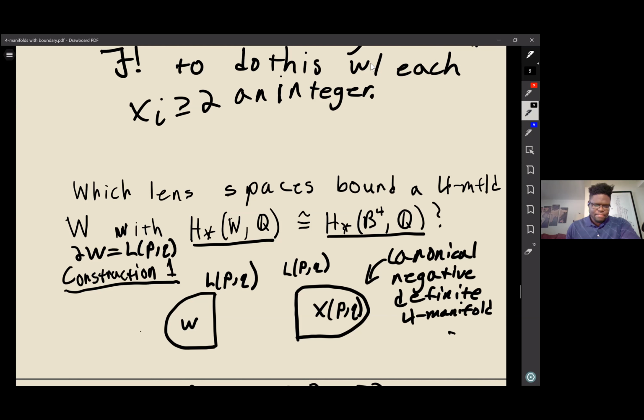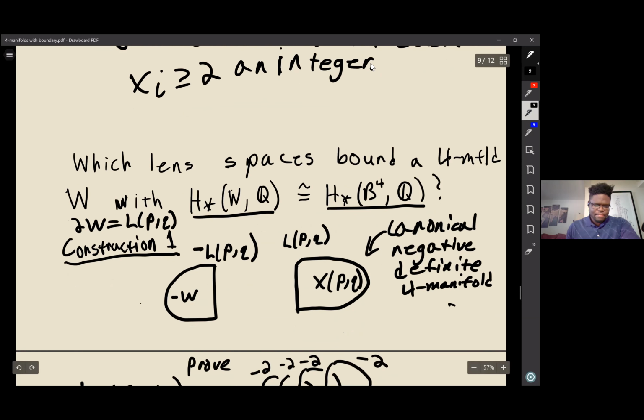If I just reverse the orientation on W, I'll reverse the orientation on the boundary, and then I can glue these two boundary components together. This big manifold I'll call Z. What can we say about Z? Z is closed.